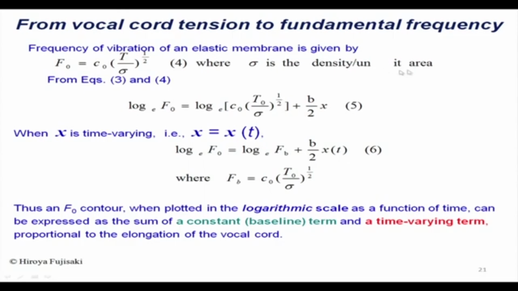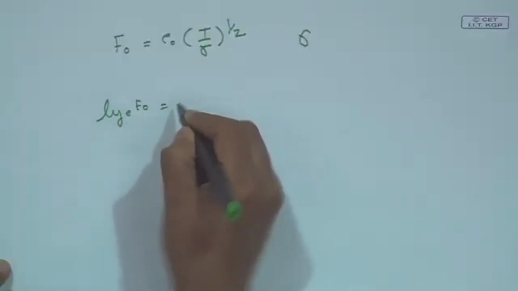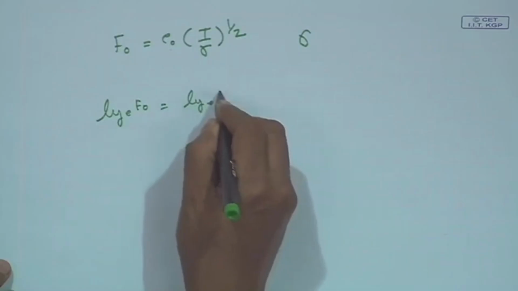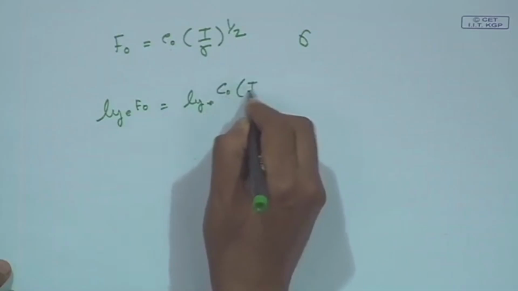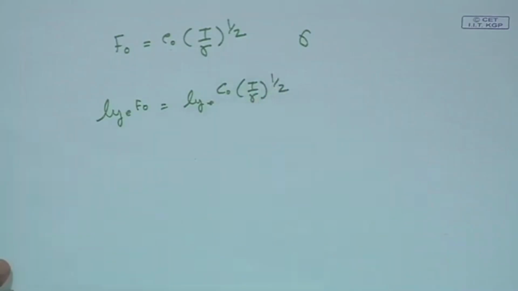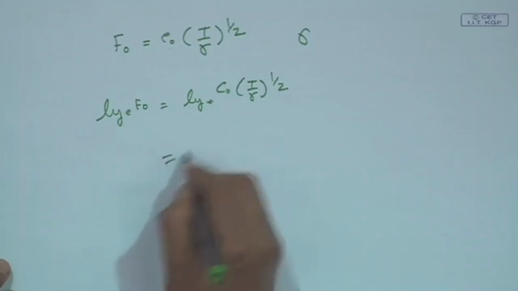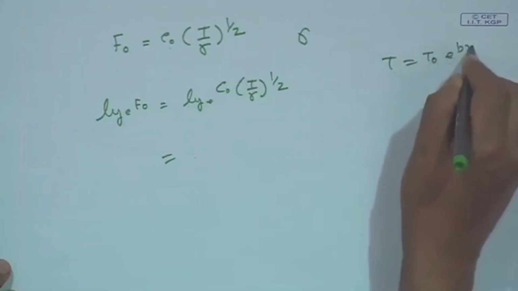This is the relationship for elastic membrane vibration. Now, if I take log e of F0, it is log e of C0 into (T by sigma) to the power half. Now I put the value of T, which is T0 e to the power bx.